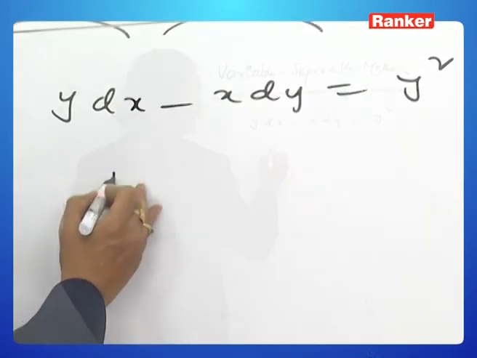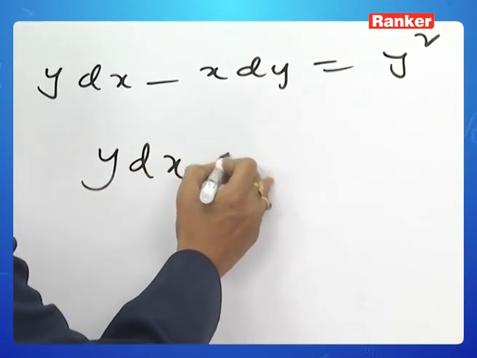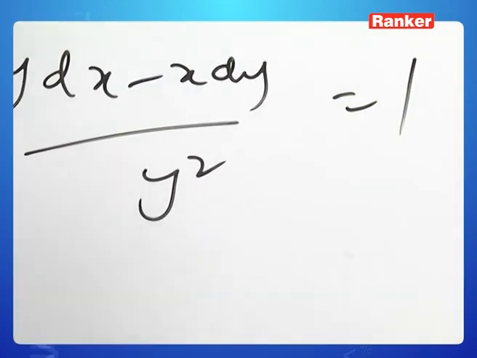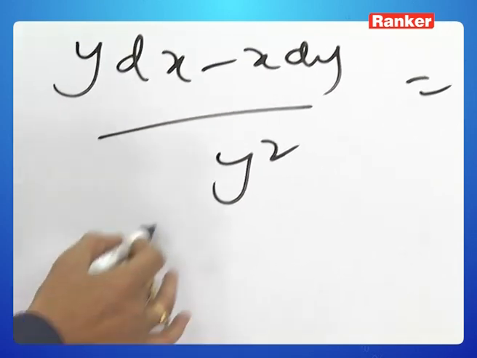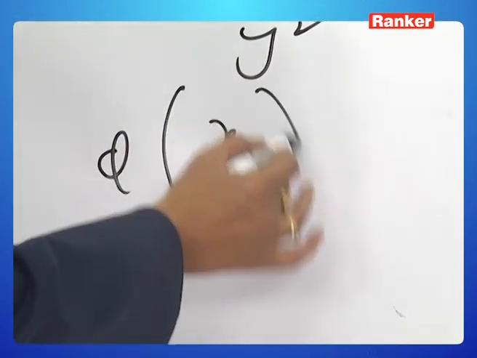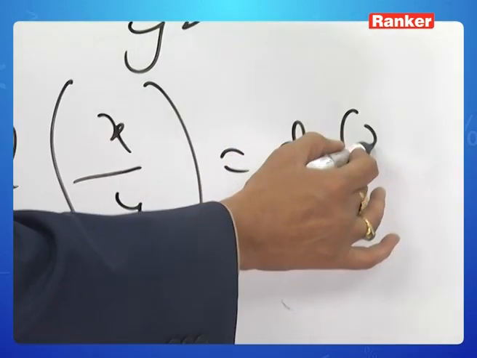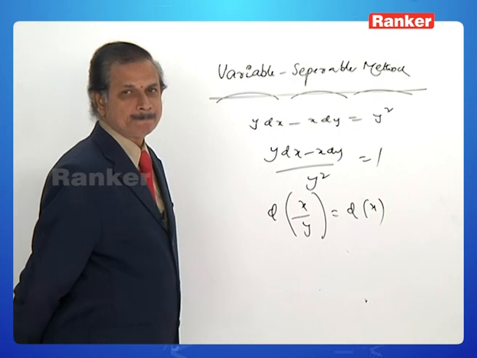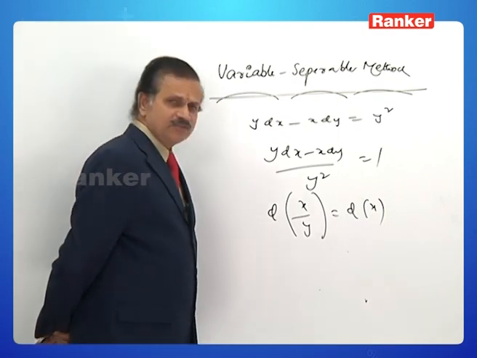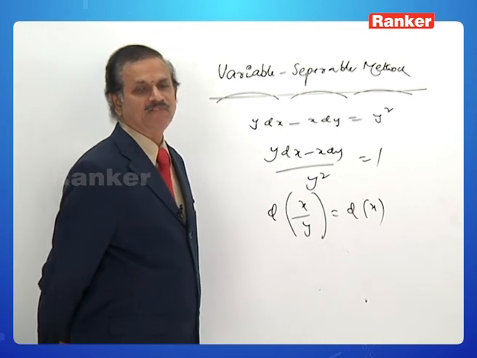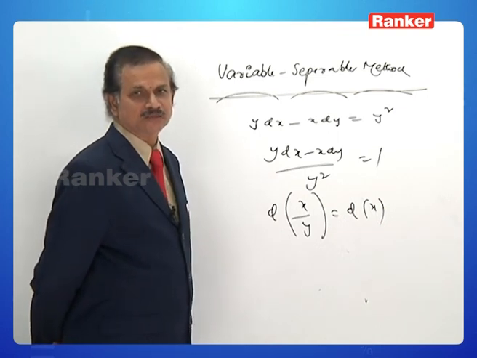So if you write this as y dx minus x dy by y square is equal to 1, you can easily observe this is just nothing but d of x by y is equal to d of x. Integrate on both sides. x by y is equal to x plus c.